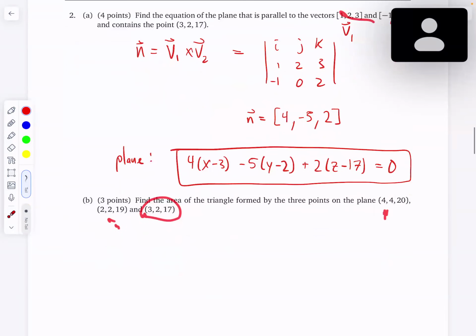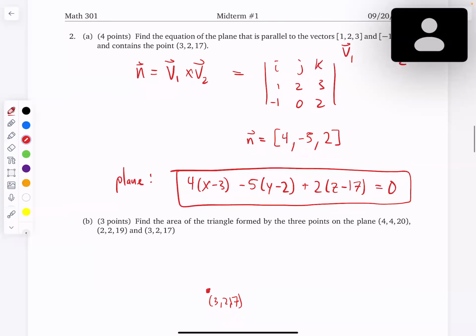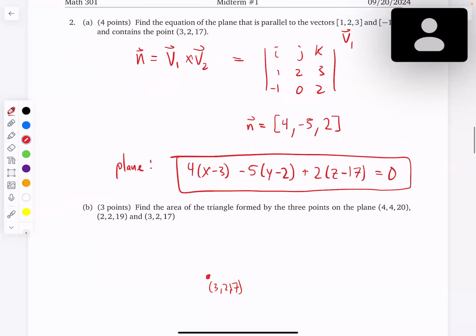And so it makes a little triangle where you start at the point 3, 17. Then following V1 gets you actually to the first point, 4, 4, 20. And then following V2 gets you to the other point.